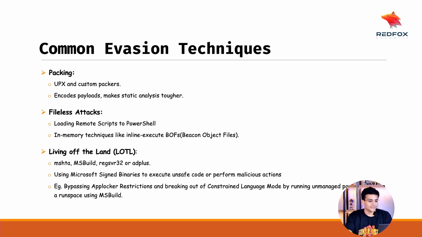Fileless attacks. This is, I think, by far my favorite way of evading any kind of protection solution. We don't drop the binaries to disk. We load those binaries remotely in memory, let them execute, get the output, and then purge those binaries.